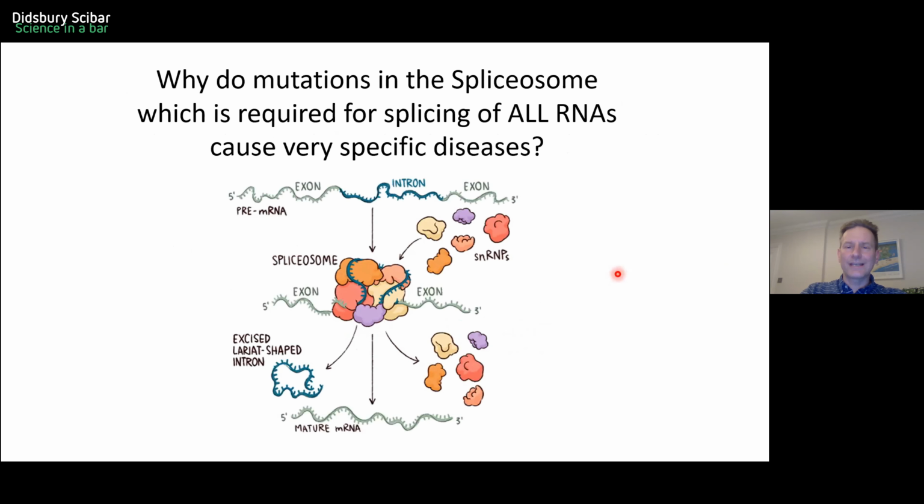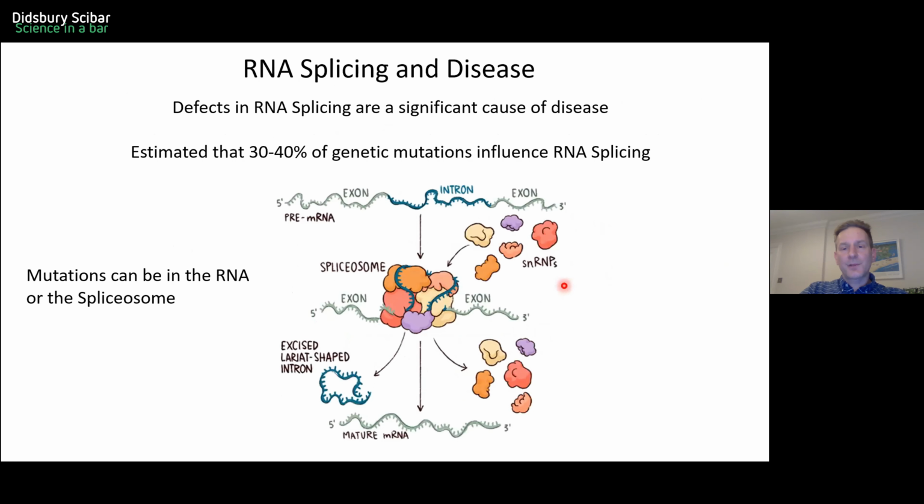But one of the interesting questions when we talk about these mutations in the spliceosome is this. The spliceosome is required for the splicing of every single messenger RNA in the cell. You can't get splicing without the spliceosome.